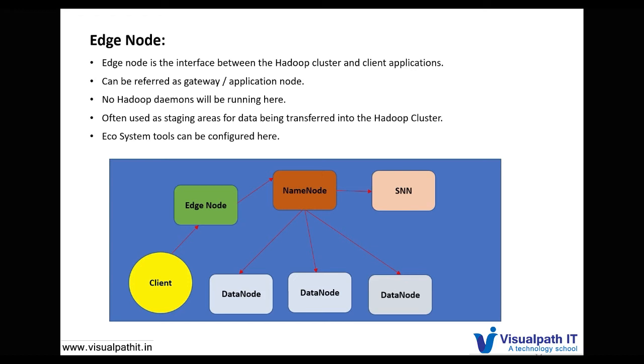Nothing will be installed, only ecosystem tools like Hive, Pig, Sqoop. Also, if you want to load data from test to production, we can load the data into the edge node and from there load it to the cluster. That is the edge node's importance.